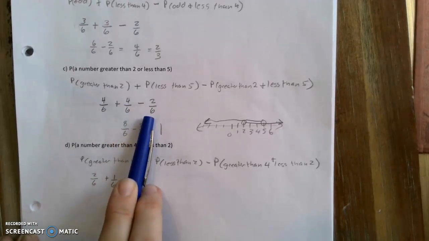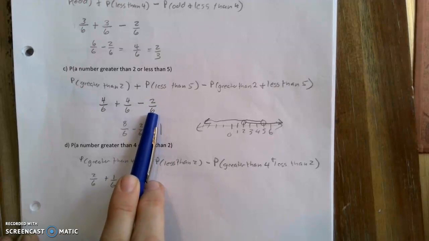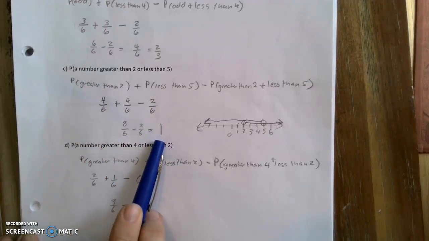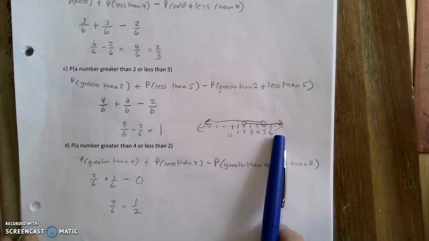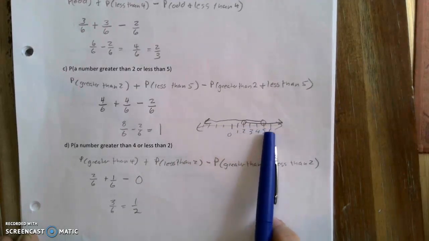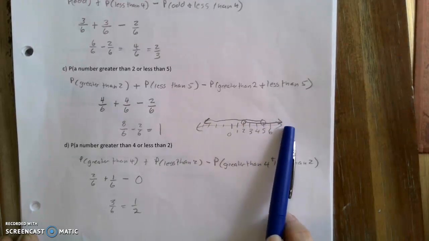And then minus greater than 2 but less than 5: 3 and 4 gives us 2 out of 6. So we add those together and subtract, and we end up with 1, 100% probability that we would get a number that's either greater than 2 or less than 5. Notice on this number line, that's because it's overlapping. Greater than 2, less than 5, that covers the whole number line.